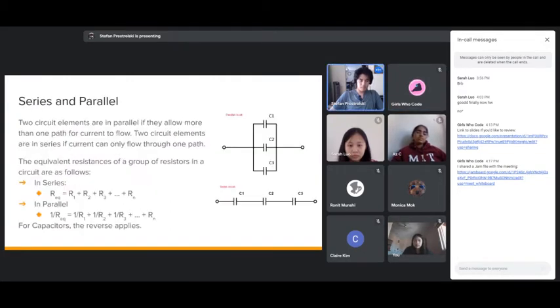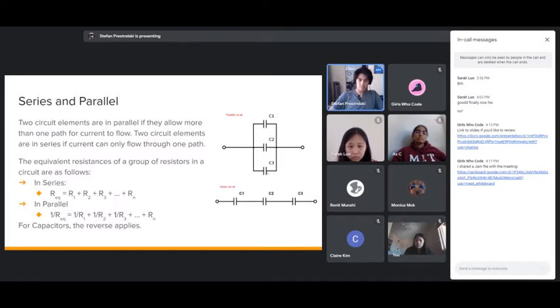Okay. Next thing that's important we've got to talk about is series and parallel. Two or more circuit elements are in parallel if they allow a current to take more than one path. For example, we have this parallel circuit of three capacitors.